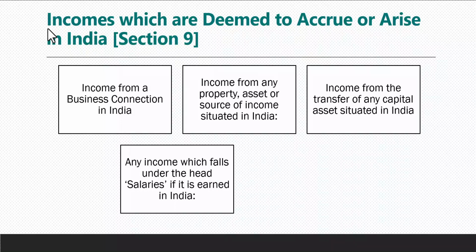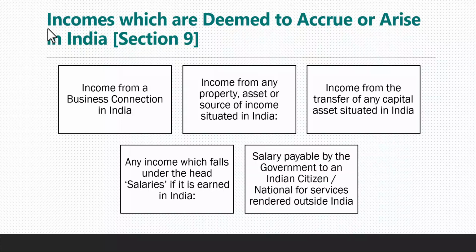Any income which falls under the head salaries, if it is earned in India, will be treated as income within India. Why has it been included here? If you read this, it will be clear: salary payable by the government to an Indian citizen or national for services rendered outside India.